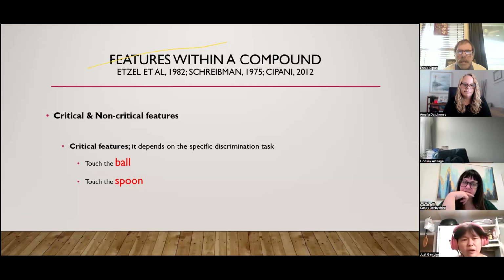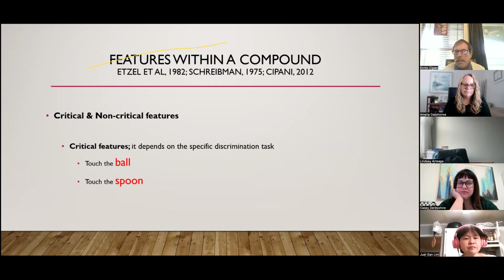Barb Etzel in 1982 at the University of Kansas and her colleagues, Judy LeBlanc and some others I'm forgetting, published a study, and Laura Schreibman in 1975, and myself in 2012, the open source article. Two basic elements: critical and non-critical. Critical features are the things you have to attend to in order to get the answer right. In this case, you see the two commands, touch the ball, touch the spoon.